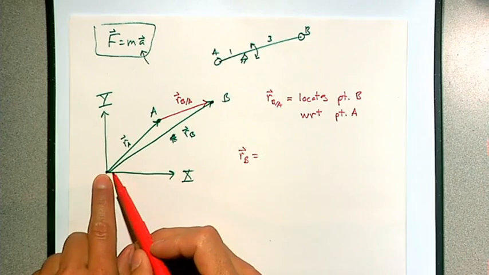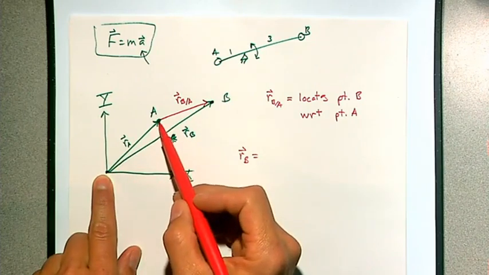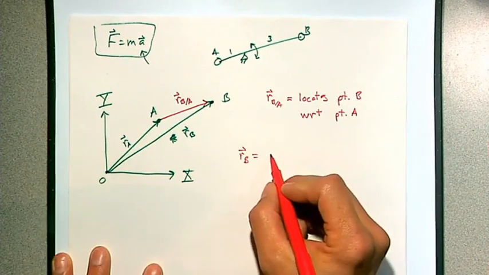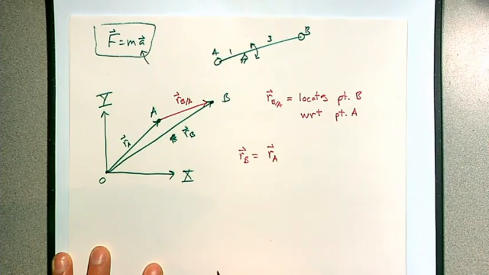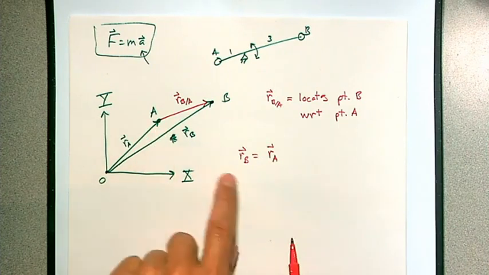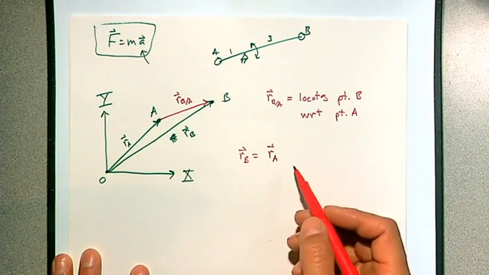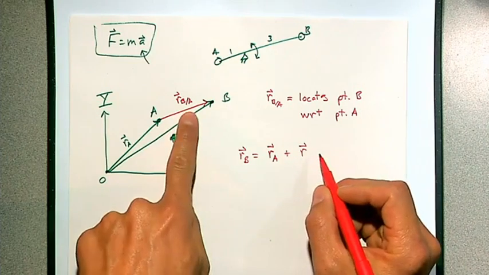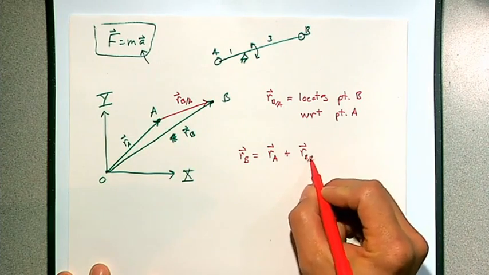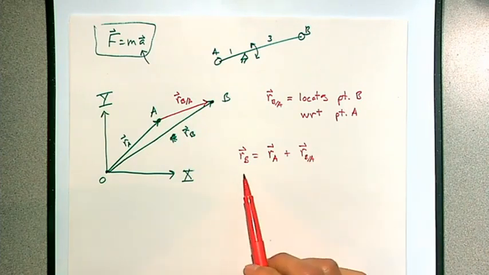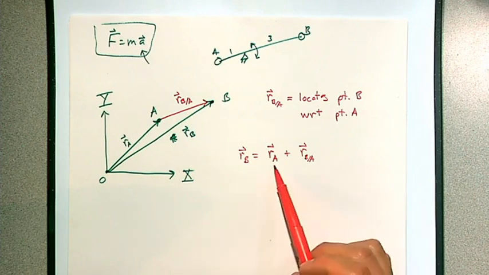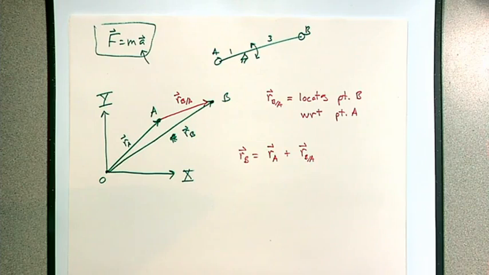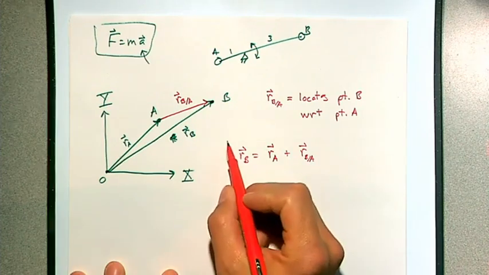I'm going from my origin to A, and then I'm adding on from A to B. So my position vector R_B, I can relate it to A. My position at point A, plus B with respect to A. So hey, where's my point B? I know some position A, and I know how B is located relative to point A.